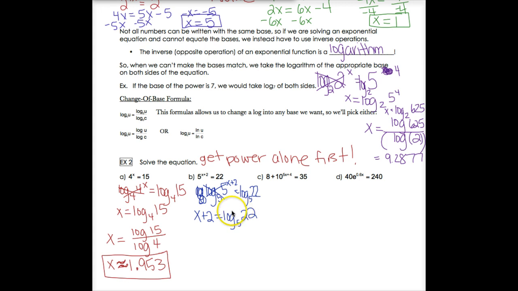So I can go ahead and do this log base 5 of 22 first, because I'm going to need my change of base. So log of the big over log of the small. So log of 22, and then divide that log of 22 by the log of 5.